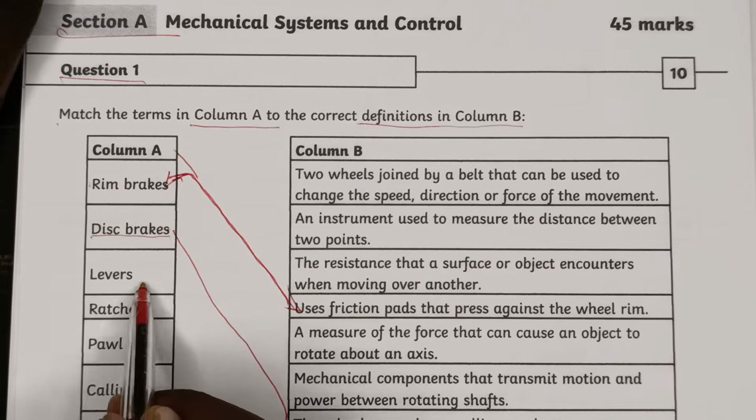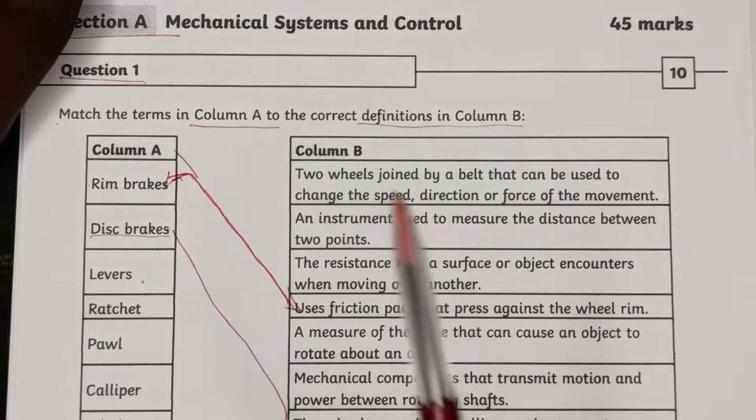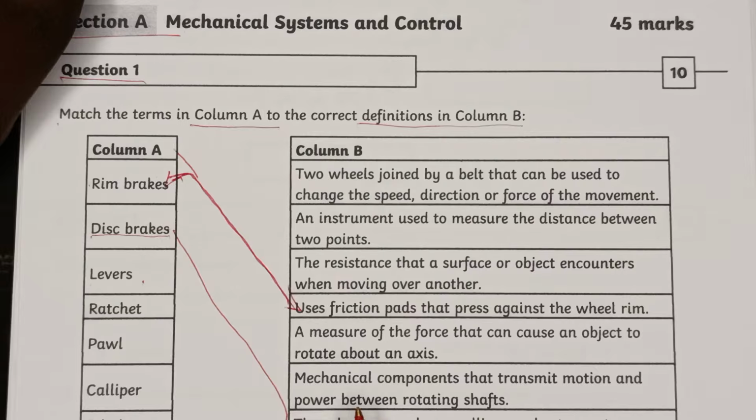Okay, levers. What are levers? All right, we are left with these, let's start here. Are levers a toothed wheel? No. Are they a lever with a catch that engages with the teeth on the rotor?